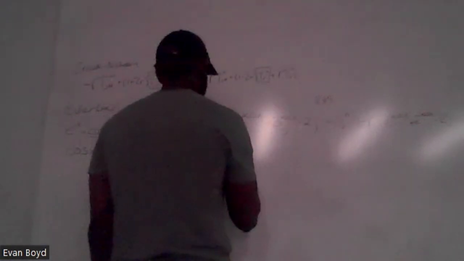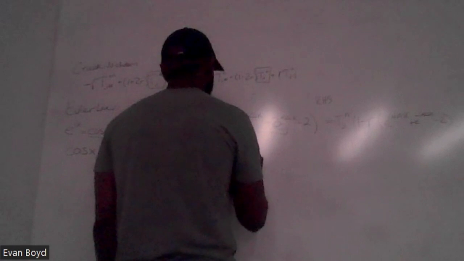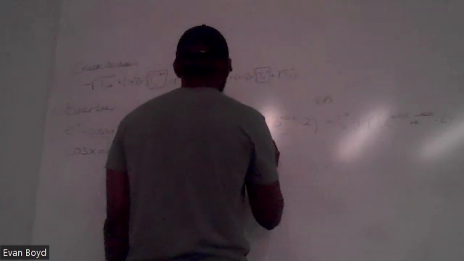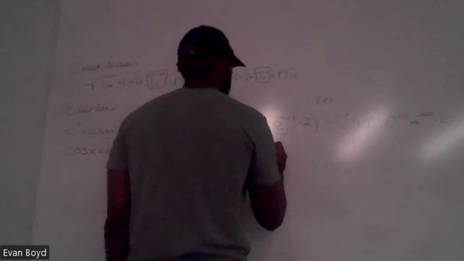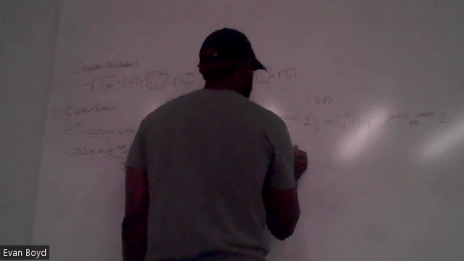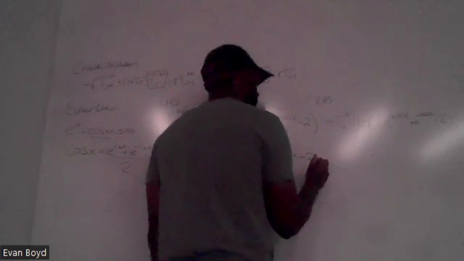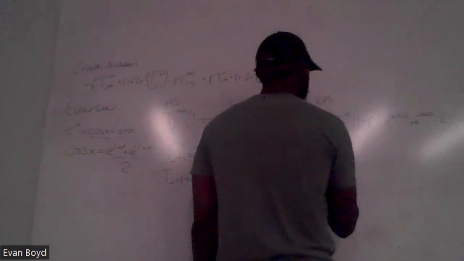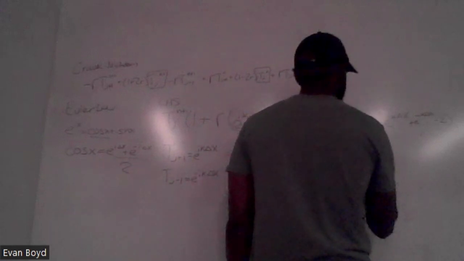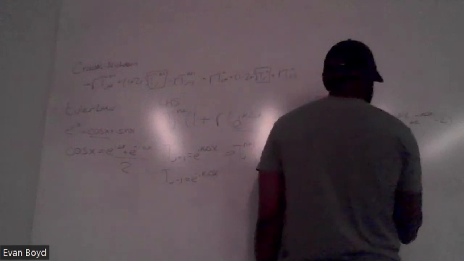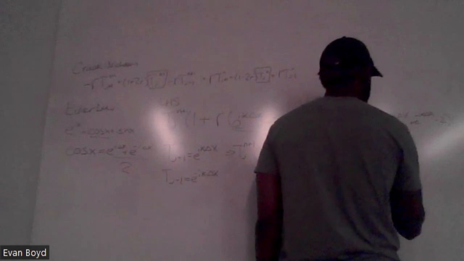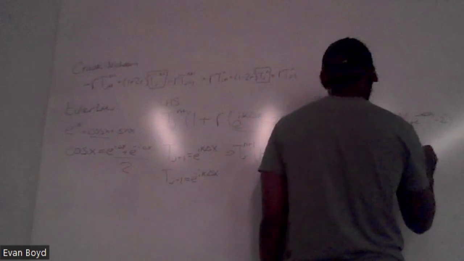That would give us the temperature at position j at time n plus 1, times 1 plus R of 2 cosine of k delta x minus 2, is equal to the temperature at position j at time n, times 1 minus R of 2 cosine of k delta x minus 2. Okay.